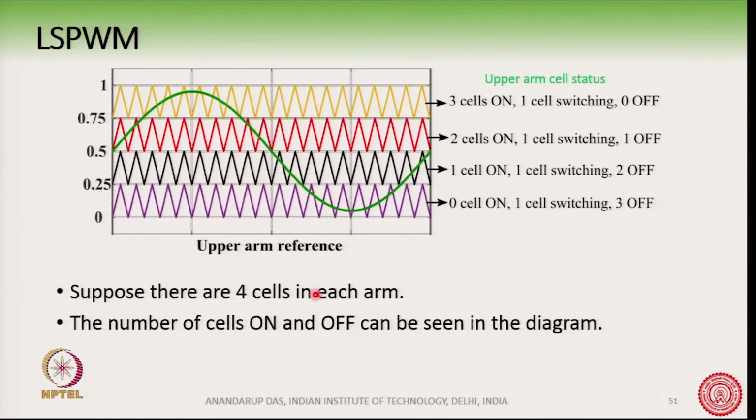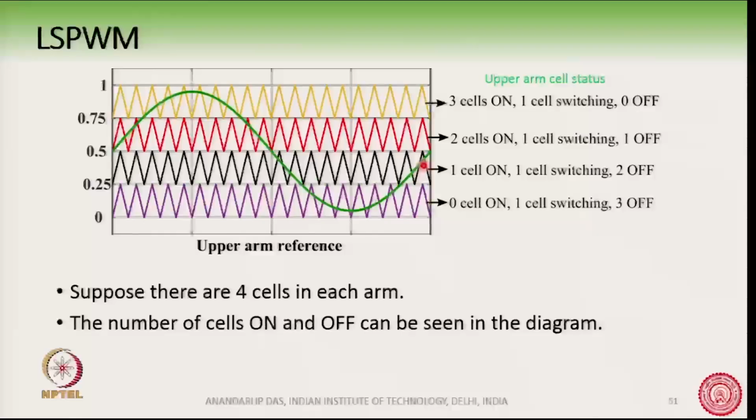Suppose this is an upper arm. We have already got the upper arm reference waveform, that is VU star, if it is A phase, VUA star. This reference is this green waveform. Now, we would like to switch the 4 cells in each arm.